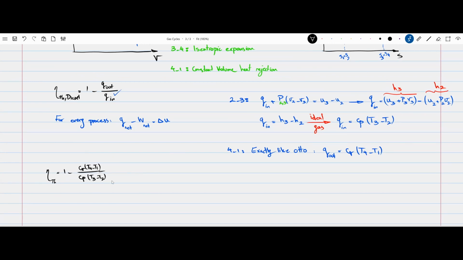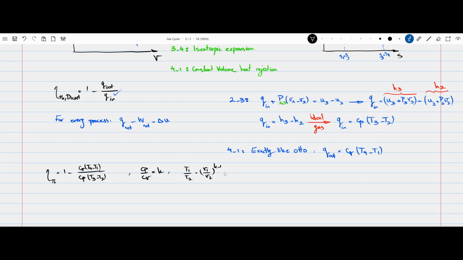Now, I'm not going to redo all of the calculations that we did for the Otto cycle because you already know how to do it. Keep in mind that Cp over Cv, we show it with k, a specific heat ratio. Keep in mind that for the isentropic processes, such as 1 to 2, T1 over T2 is (V1 over V2) raised to k minus 1.